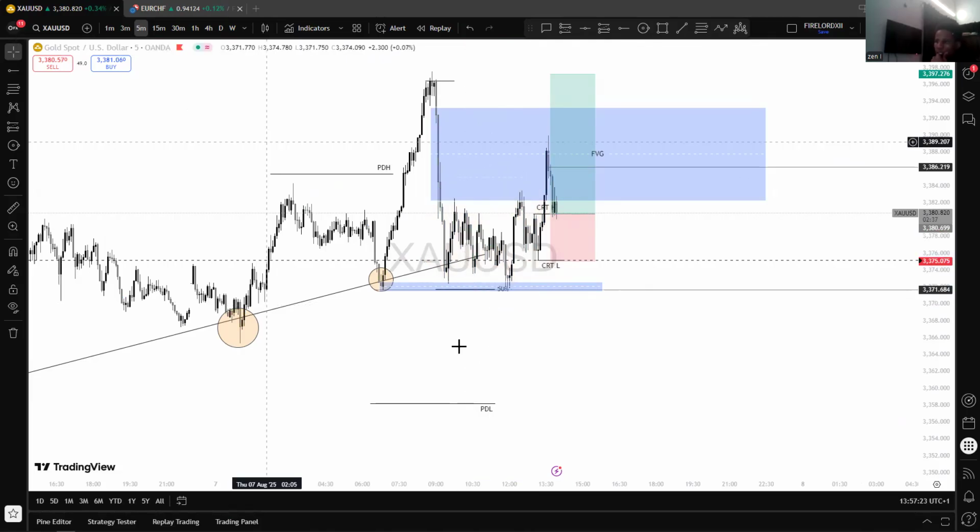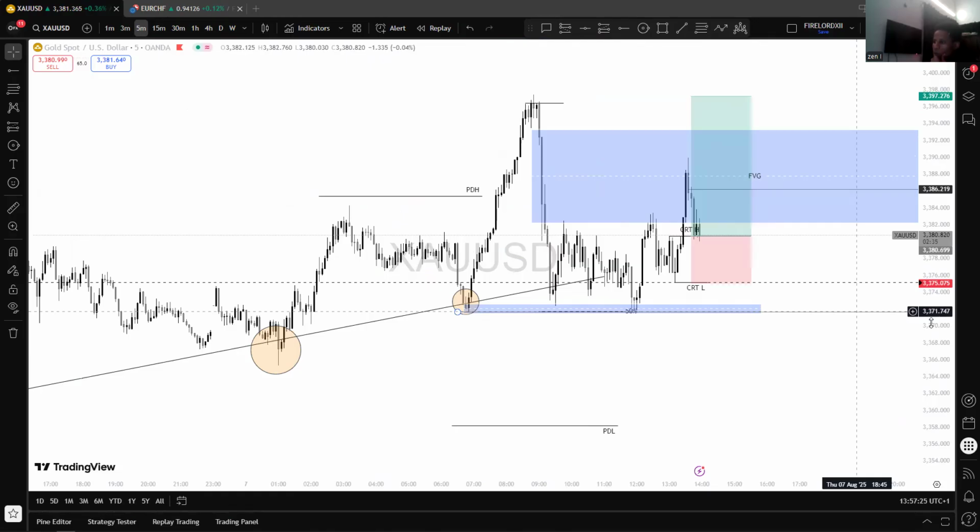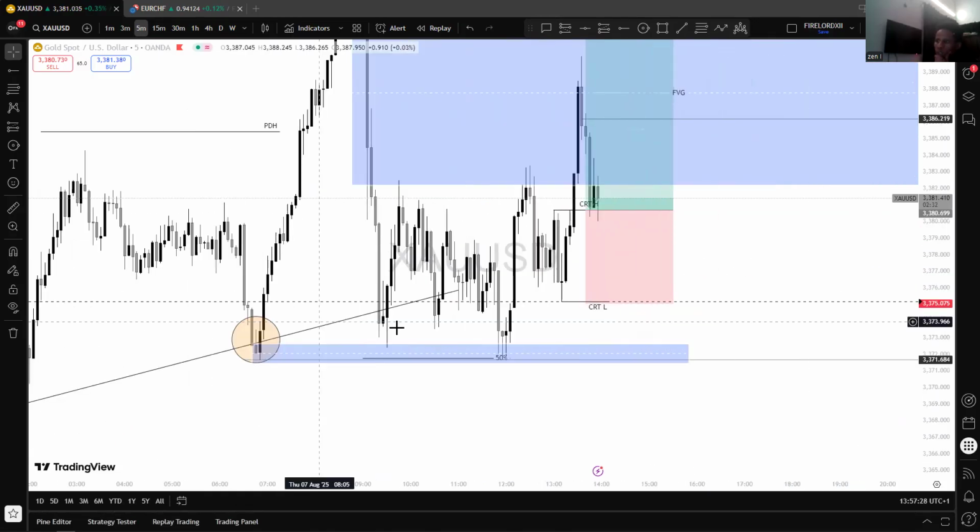All right. Now we just observe. Price came, couldn't close below this low, pulled back. The market seemed to want to make a shift here, so we're probably going to get a market structure shift here.